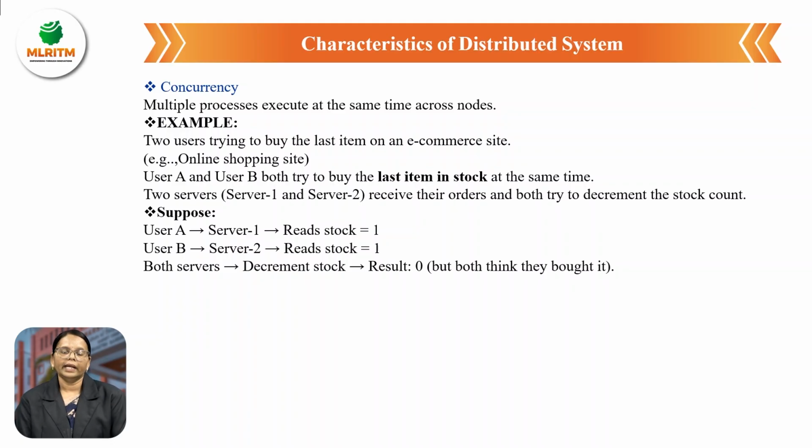Concurrency means multiple tasks or processes run at the same time. For example, in an online banking system, many users can perform money transfers, bank balance checks, and bill payments at the same time.